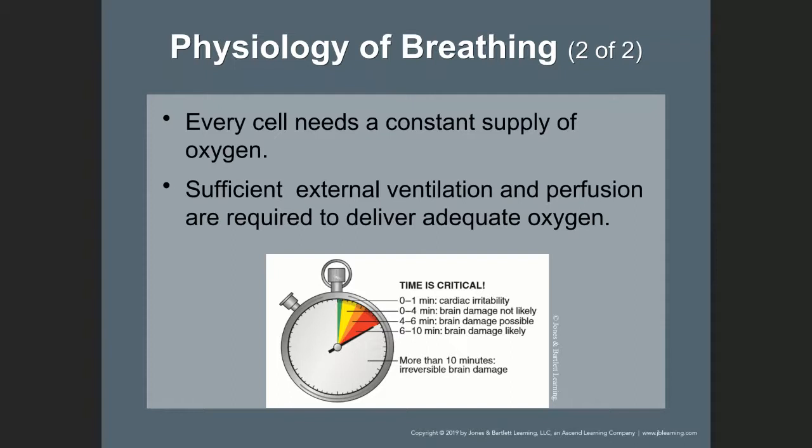Definitely after 6 minutes without proper oxygenation, the patient is going to have a strong possibility of brain damage, and after 10 minutes they may have irreversible brain damage if there is no proper oxygenation to the brain.